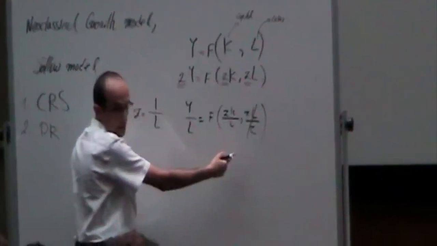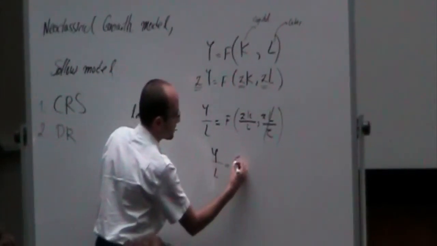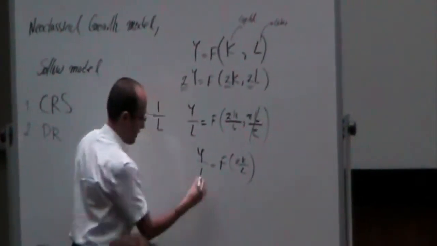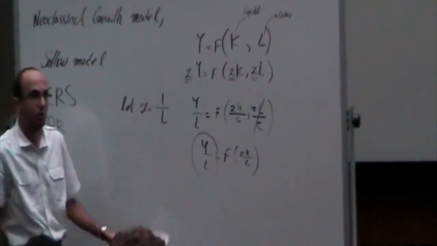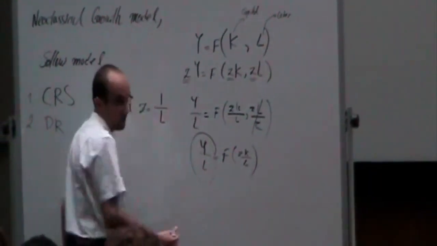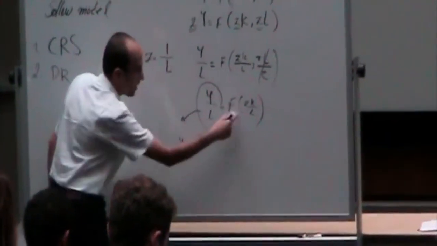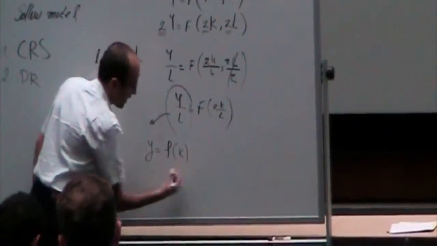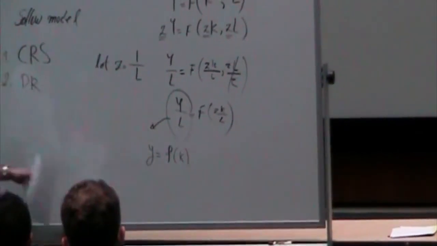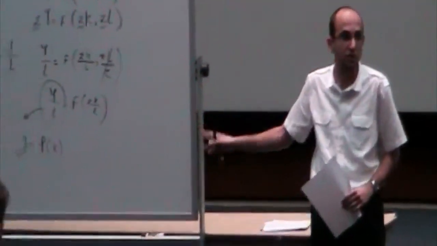This cancels out, so what I'm left with is Y over L as a function of K over L. This is what we call output per worker, or output per capita of each worker. I can denote it as small y, and this is a function of small k, capital per worker. Be with me until this point, and then I will explain what I'm going to do with this. Anybody has a question on this?